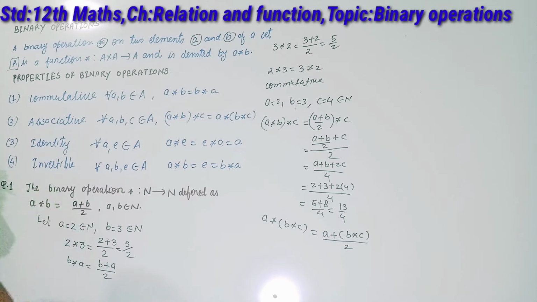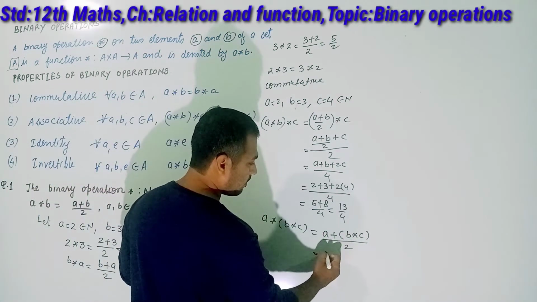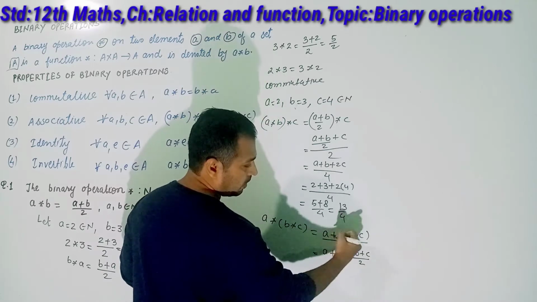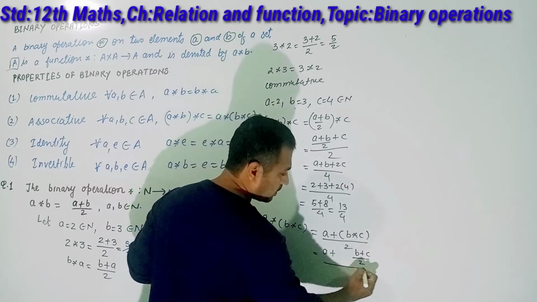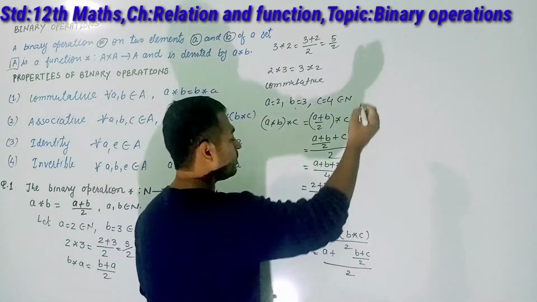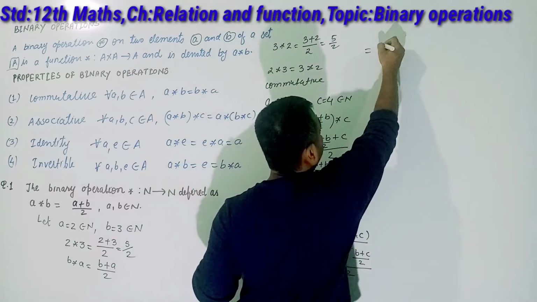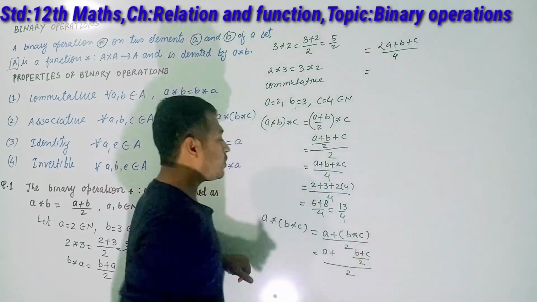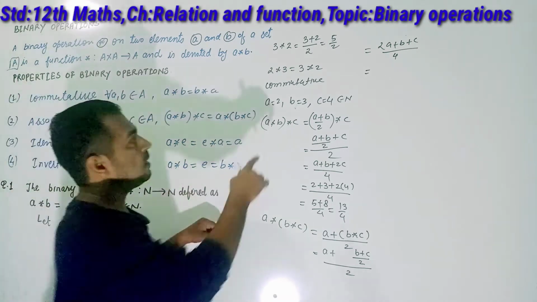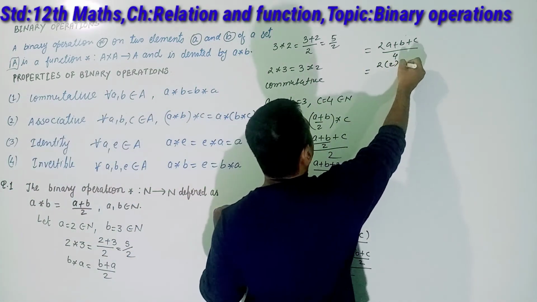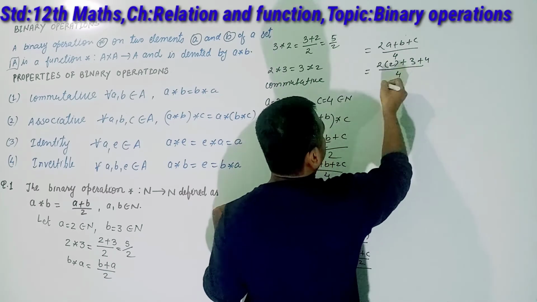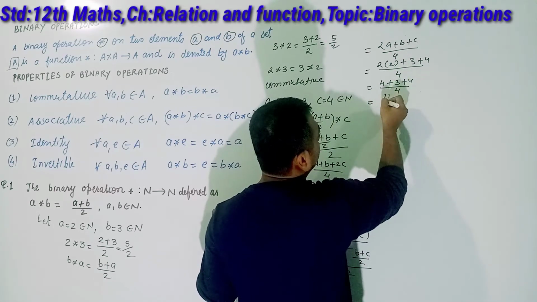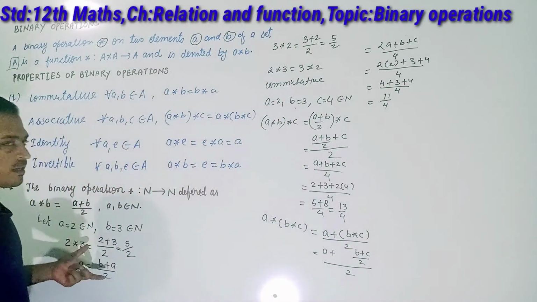Now b star c can be written as (b plus c) by 2, and here it is divided by 2. Simplifying, we get (2a plus b plus c) by 4. Substituting a is 2, b is 3, c is 4: 4 plus 3 plus 4 by 4, so 11 by 4. So students, this operation is not associative.